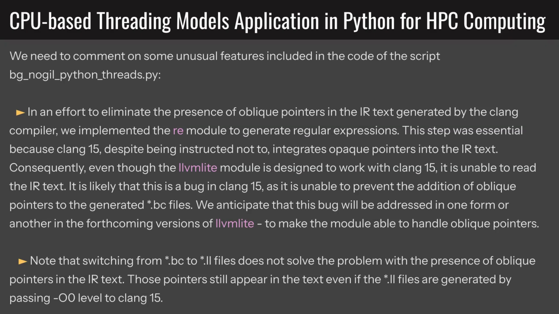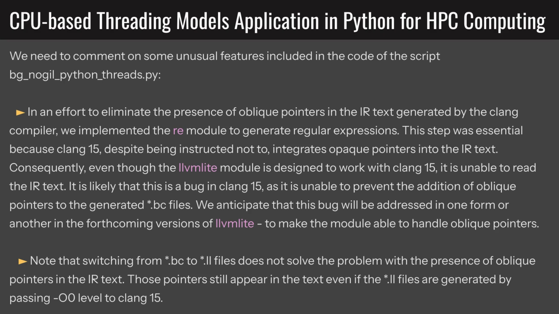We need to comment on some unusual features included in the code of the example script. In an effort to eliminate the presence of opaque pointers in the IR text generated by the Clang compiler, we implemented the re module to generate regular expressions. This step was essential because Clang 15, despite being instructed not to, integrates opaque pointers into the IR text.